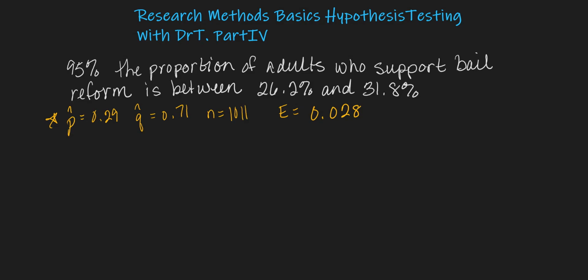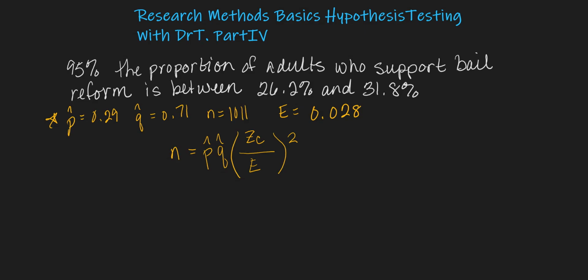So now, still working to determine that minimum sample size, we can just go ahead and plug in what we already know. And here's the formula. N is equal to P hat times Q hat times our Z critical value divided by the error, squared.